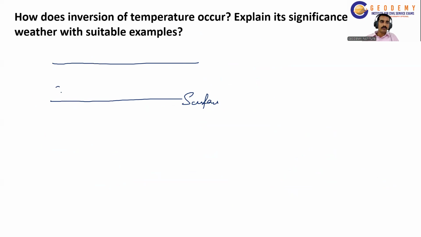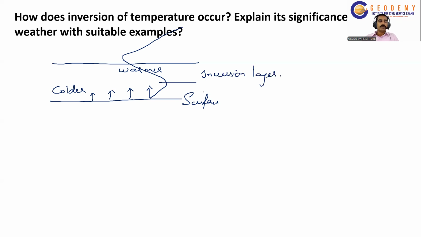So this bottom part will be relatively colder because it is cooled from the surface due to the severe cold conditions of the surface, and the air lying above will be relatively warmer, and thus the temperature increases here. Again it increases in the warmer layer and then it decreases. This layer is called the inversion layer. Thus the inversion of temperature occurs.